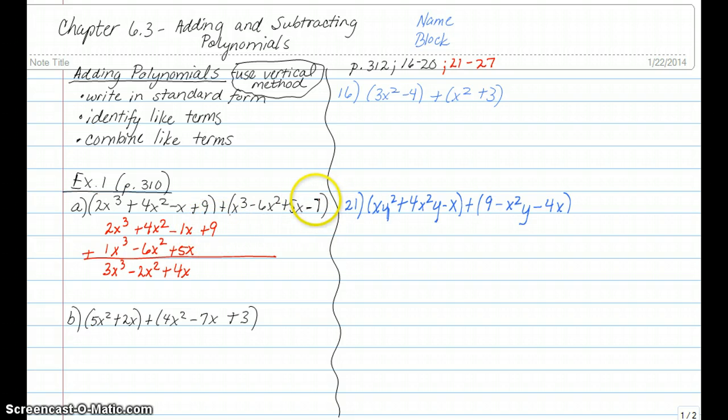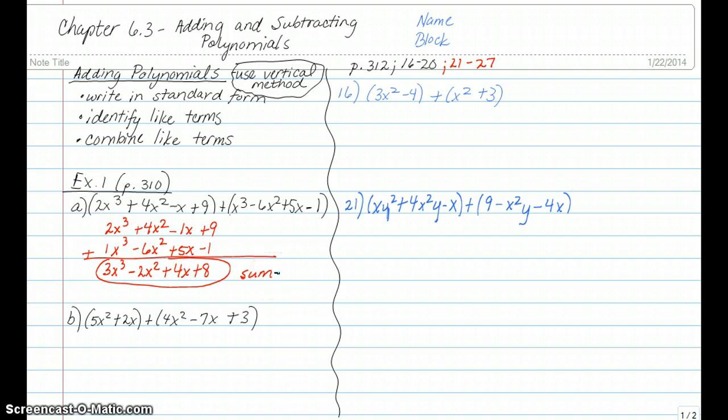We identify the other constant, which is minus 1. 9 and negative 1 is plus 8. So your solution is 3x cubed minus 2x squared plus 4x plus 8. That is your sum, or your solution.